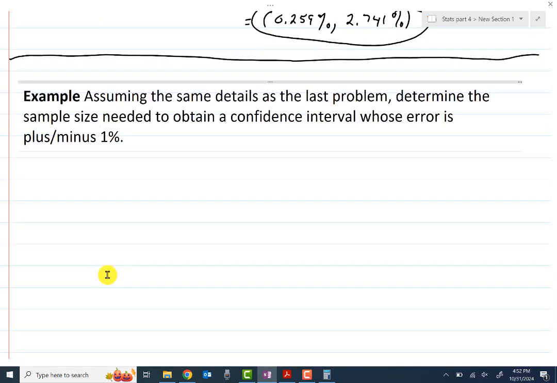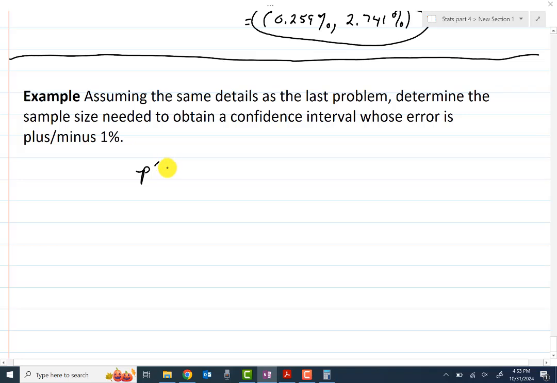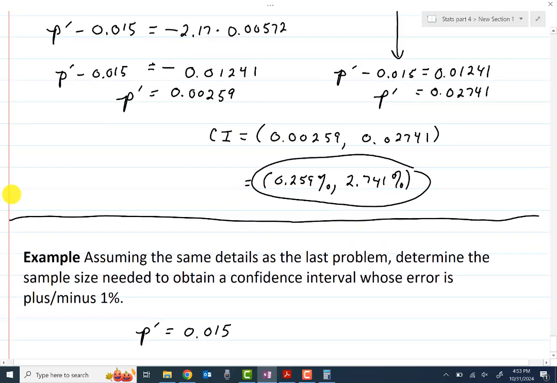All right, this is the last of the types of problems that you can expect on the test. Assuming the same details as the last problem, in the last problem we had a P prime, we had a 97% confidence interval. So let me get what we had here. P prime was equal to 0.015. What else did I need there?